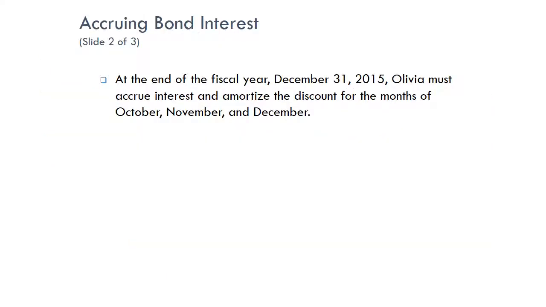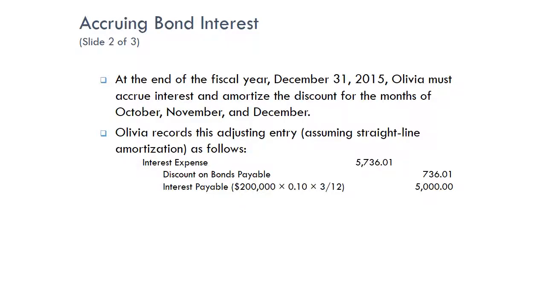So at the end of the fiscal year, Olivia must accrue interest and amortize the discount that has occurred on October, November, and December. So if they use straight line, they would take 200,000 times 10% face value times interest rate times time, 3 months. That's how much interest they would owe the bondholder.